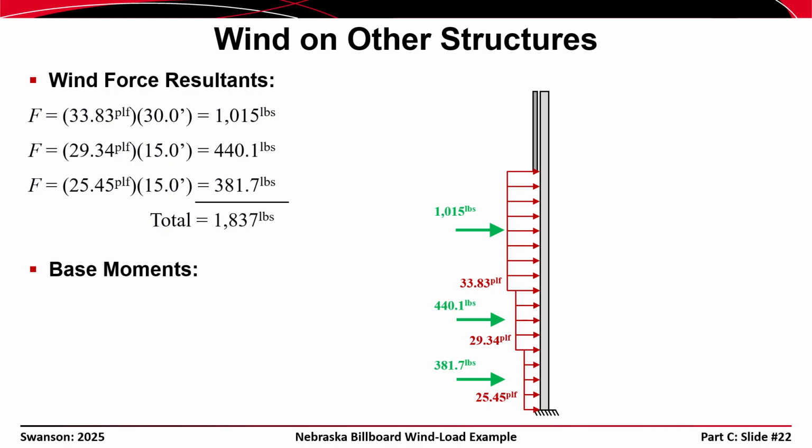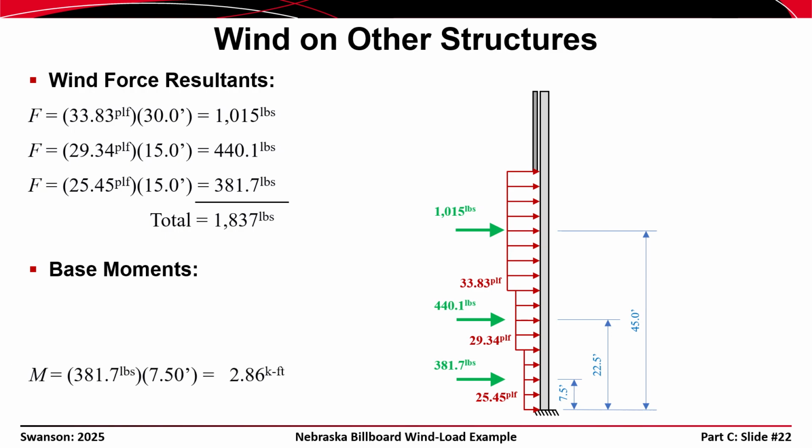Finally, we can calculate the moments that each of these force resultants create about the base of the post. Each of the force resultants acts through the center of the loading that it represents. Thus, we can locate the lines of action of each of the resultants like this. Then we can actually calculate the moments. The moment that the first force, the force closest to the ground, creates about the base of the post is equal to 381.7 pounds times 7.5 feet, or 2.86 kip feet.